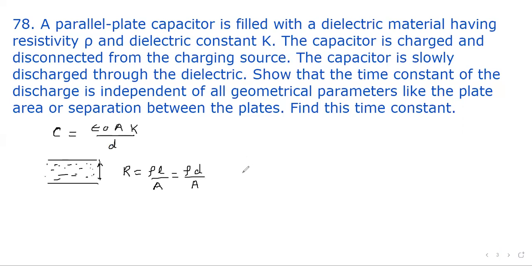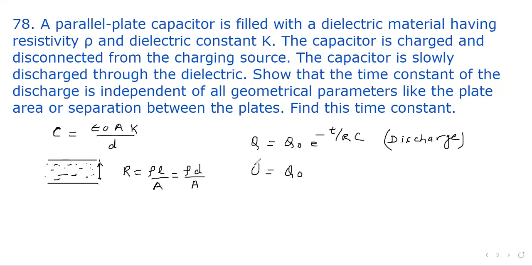Now, charge Q is given by Q0 e to the power minus t upon RC. This is the case of discharge. Now we put the value of R and C here.